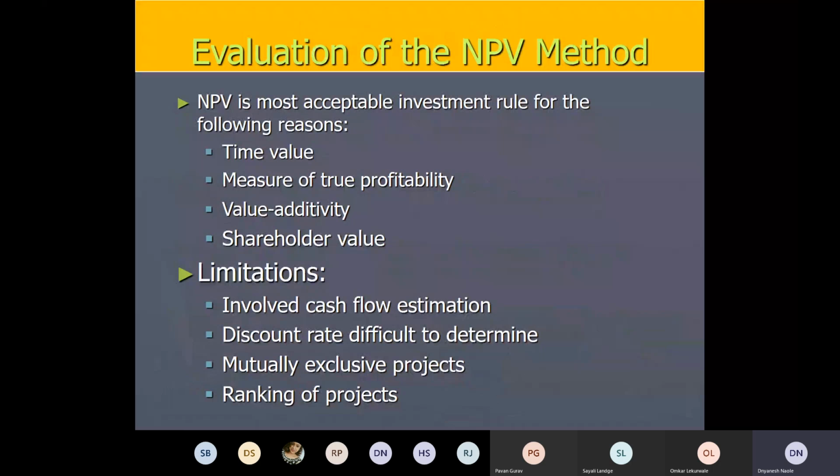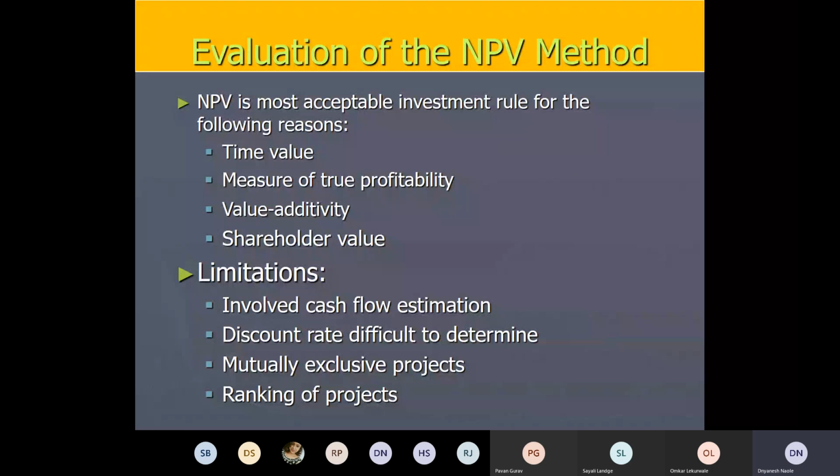The first one is it considers the time value and the magnitude. These are the two important things. It gives importance to the time value. It doesn't treat alike, suppose, 1 lakh rupees received after the first year and after the second year, because we are going to discount them with the help of the opportunity cost of capital.